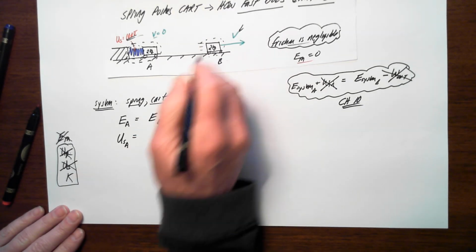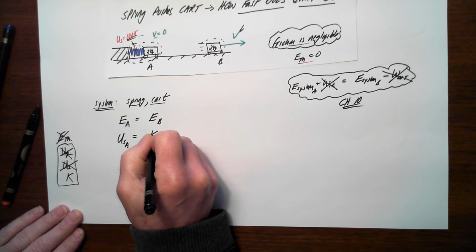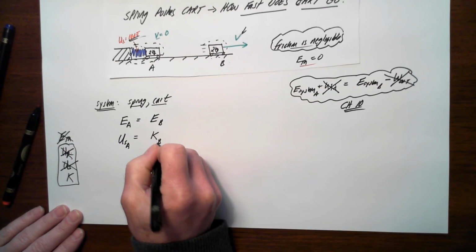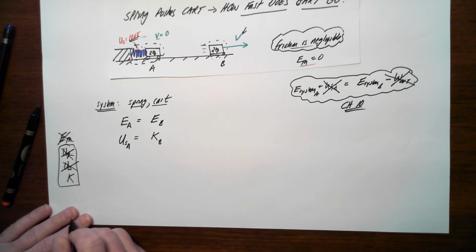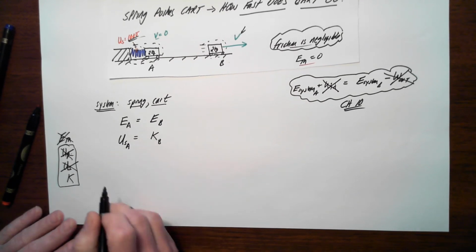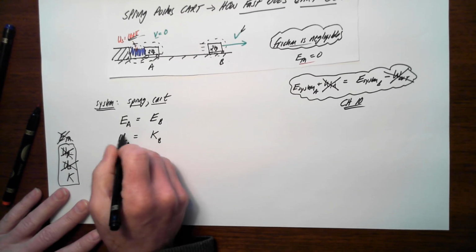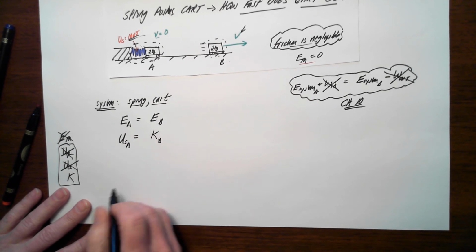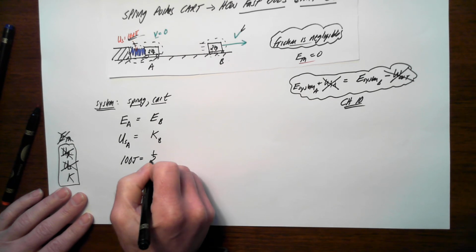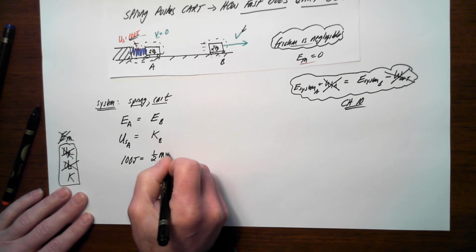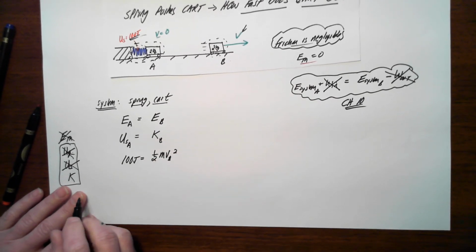But there is motion, so there's going to be kinetic energy at B. The only difference is that instead of calling this work in, this is the energy in the spring. So this is 100 joules, and this is going to be 1/2 m v at B squared.